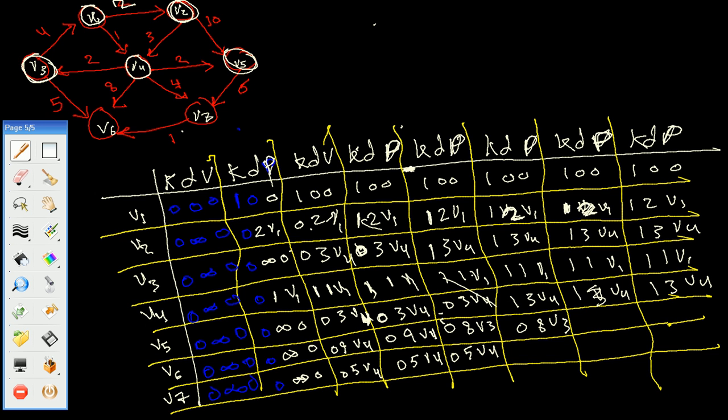And I want to move also from V1 to V7, so it's also 0, 5, V3. So compare both results. I got 1, 5, V3.